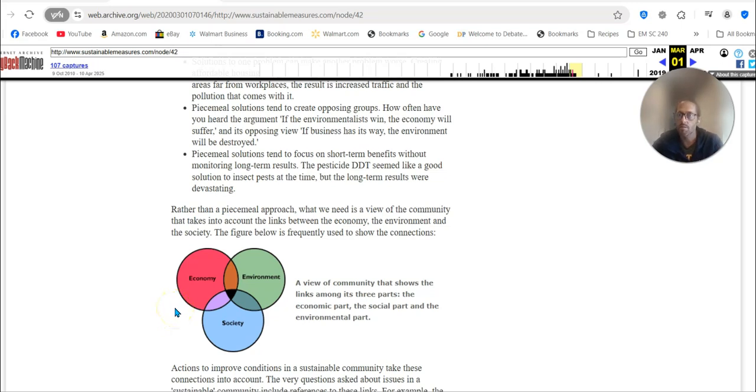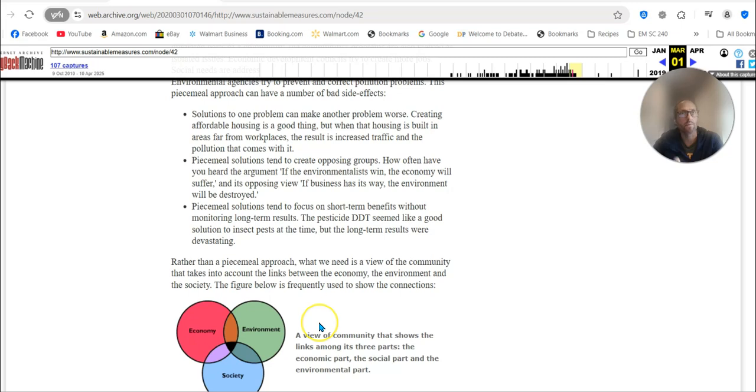So it's not just dollars and cents. It's: is that economy good for the people? Environment is pretty straightforward. Equity is basically about whether everybody has access to all of these things that make for a good life or provide a high quality of life. It doesn't mean everybody has all the same of everything.